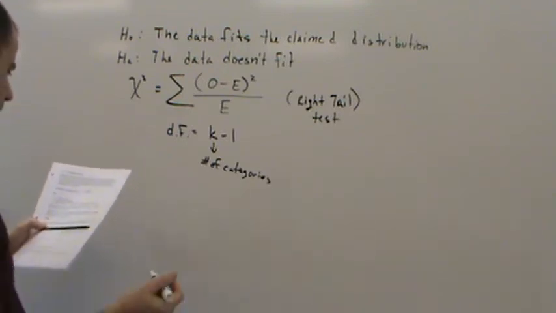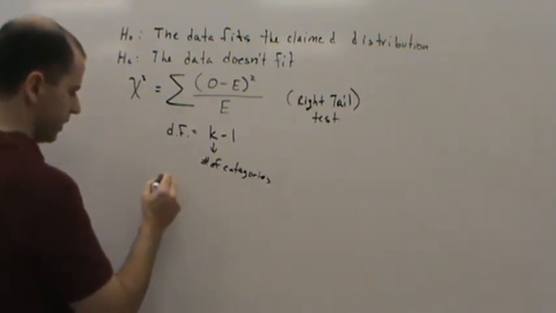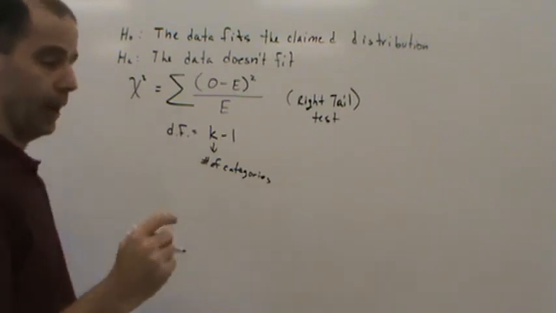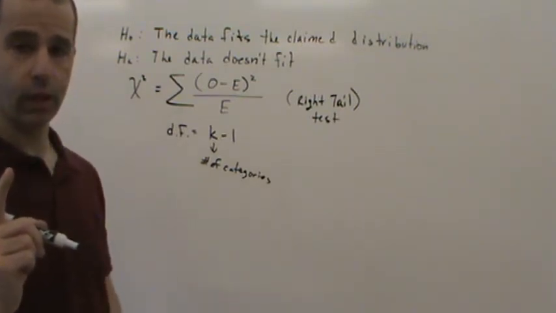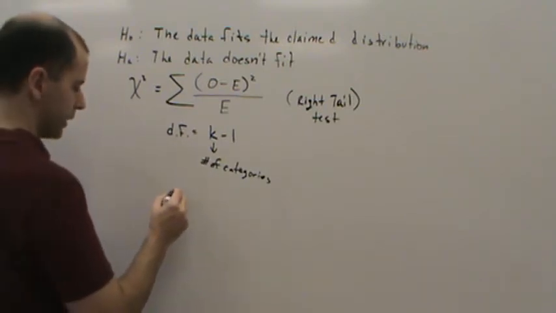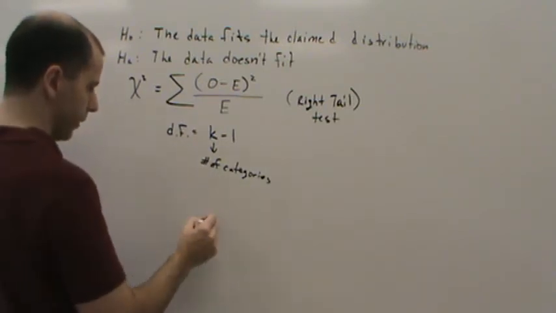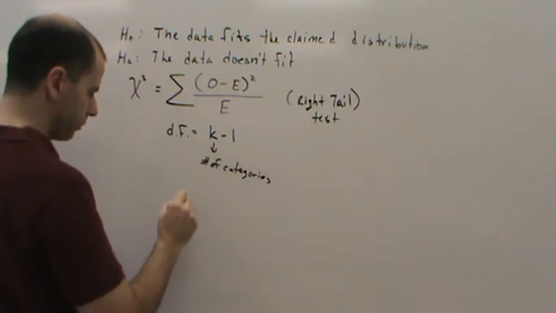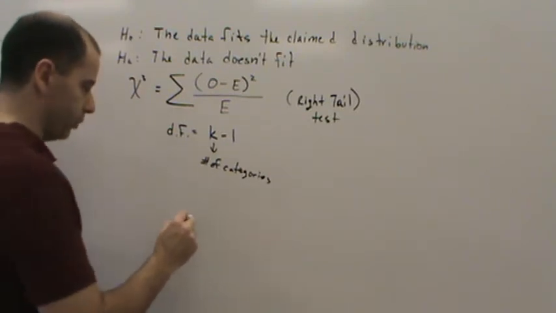And the other condition is that for each category, the expected value for each frequency in each category needs to be bigger than or equal to 5.